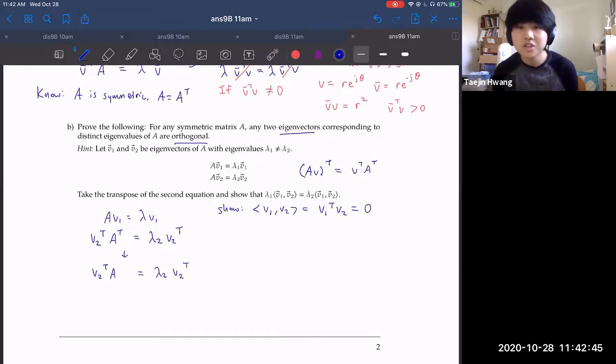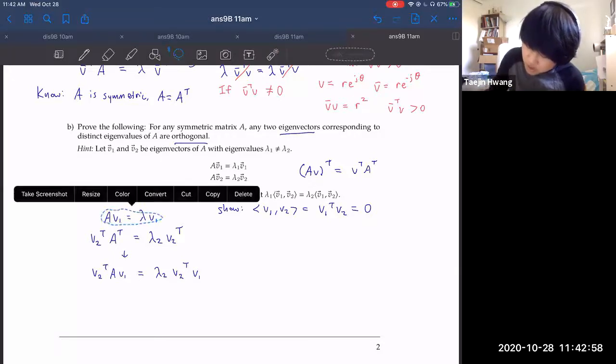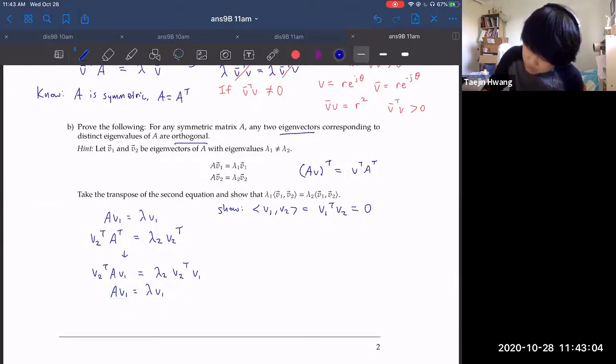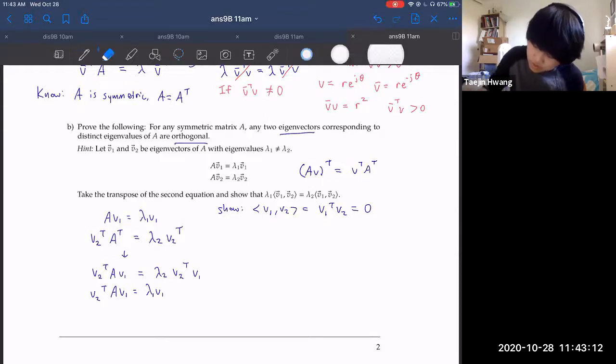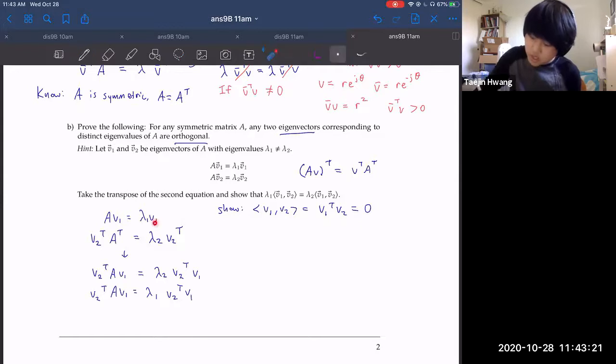The way we're going to do that is to right multiply this by V1, so that we have this V2 transpose V1. And then let's try left multiplying the first equation, lambda 1 V1, by V2 transpose. Then we end up with lambda 1 V2 transpose V1.